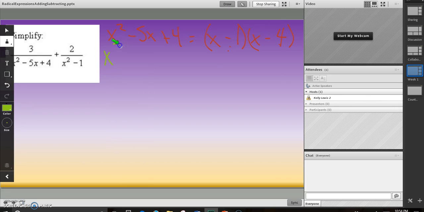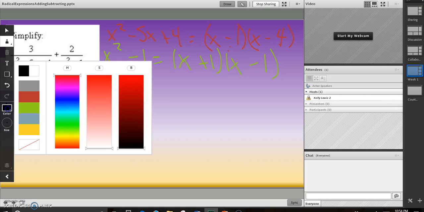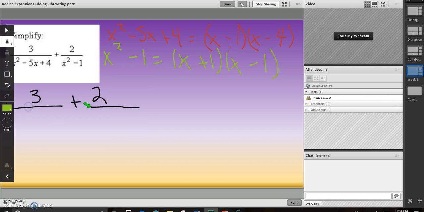Right. X squared minus 1, that's x plus 1, x minus 1. 3, 2. This is x plus 1, x minus 1. This is x minus 1.